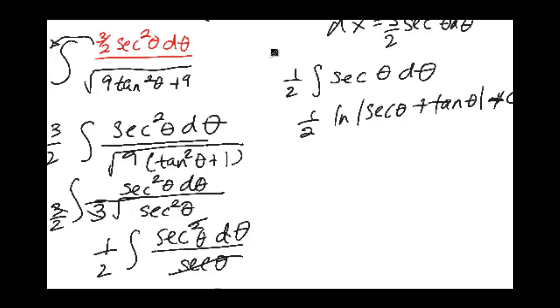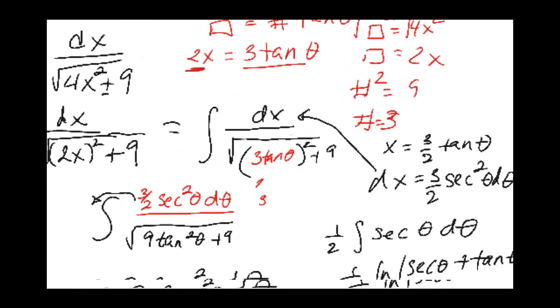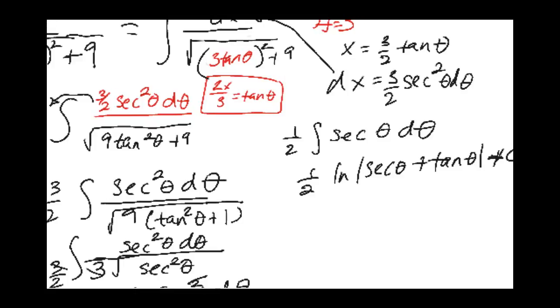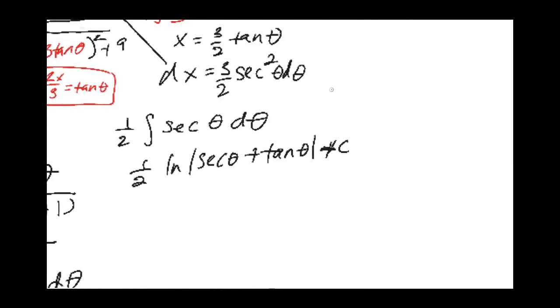If you guys remember earlier, I set up the expression of 2x. Is it 2x over 3 or is it x? Let's see. Yeah, it was 2x over 3 equals tan theta. You guys remember that earlier? So what I can do is set up a triangle from that, a right triangle, where there's my theta, and tangent is opposite over adjacent.